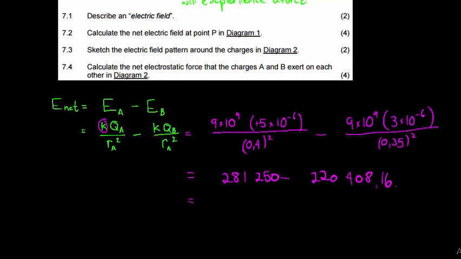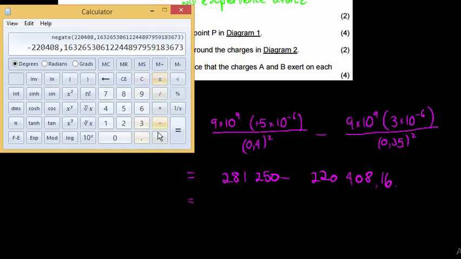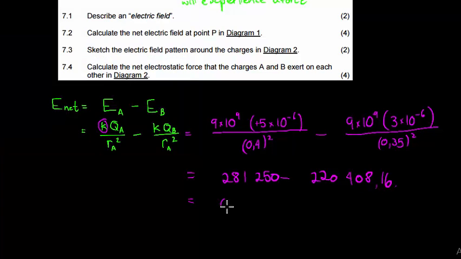The difference between them means I give this one a negative, plus 281,250, which is equal to 60,841.84.